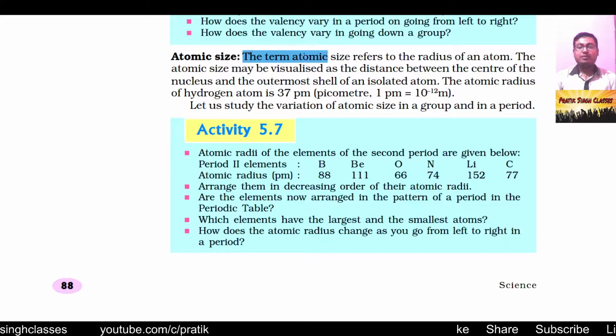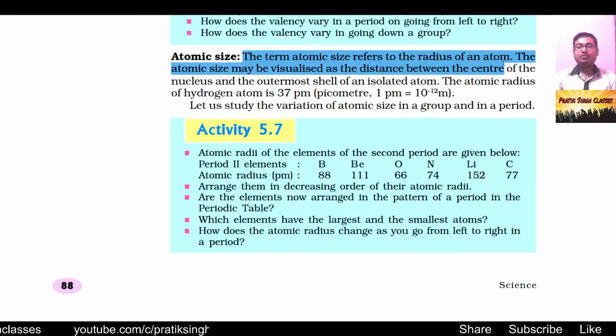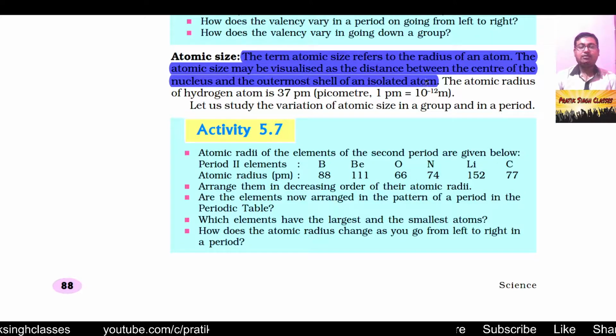The term atomic size refers to the radius of an atom, means how big the atom is. The atomic size may be visualized as the distance between the center of the nucleus and the outermost shell of the isolated atom. And that is called atomic size.